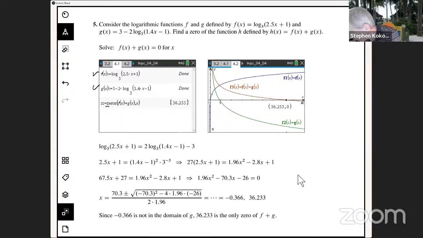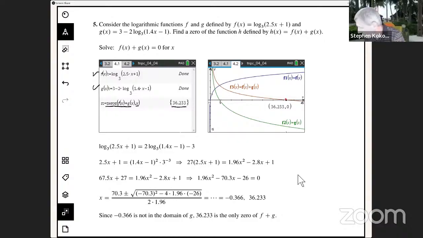So I'm just going to find the zeros of f plus g, find the values of x that make that true. And on the calculator screen, there's the 36.233 in a list that I can reference now and use in other calculations if I want. And I've also produced a similar graph on the right-hand side, one similar to the TI-84 that Tom produced.